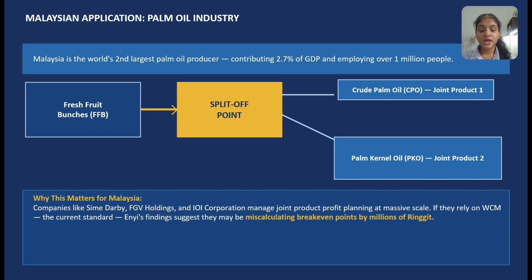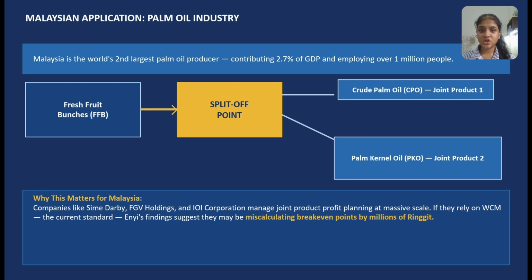Companies like Sime Darby, FGV Holdings, and IOI Corporation all deal with joint cost allocation and profit planning decisions on a massive scale every single day. Based on the findings, if these companies are using the WCM method for their CVP analysis, which is the industry standard, they may be significantly miscalculating their break-even points and profit targets as well.